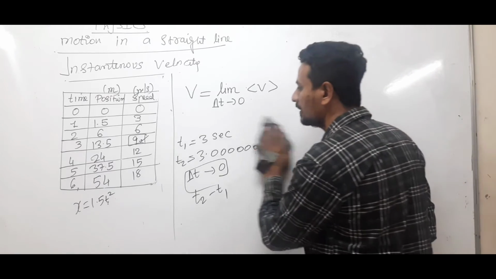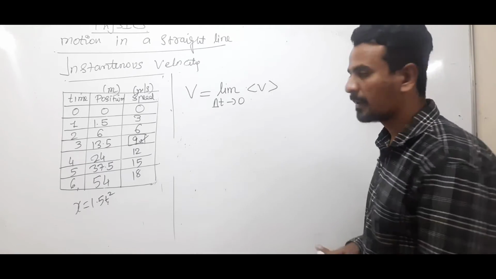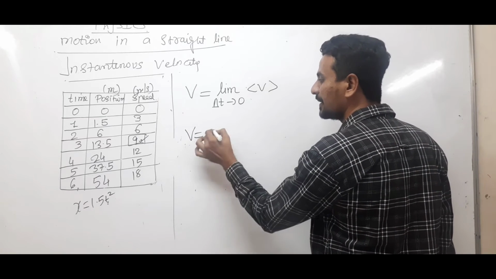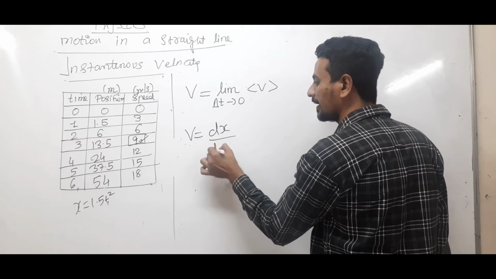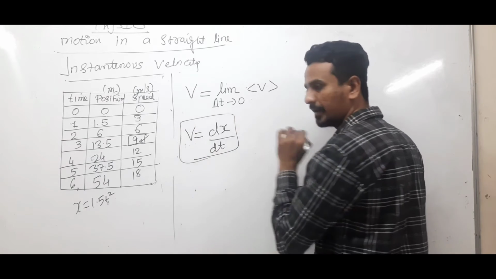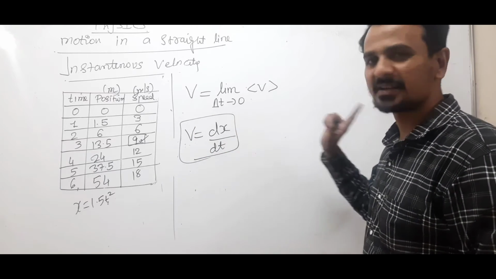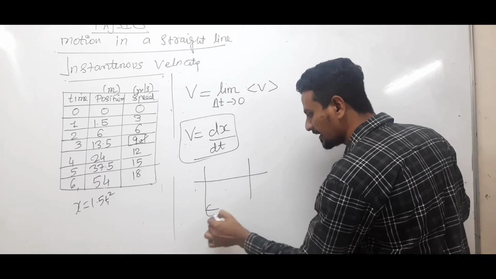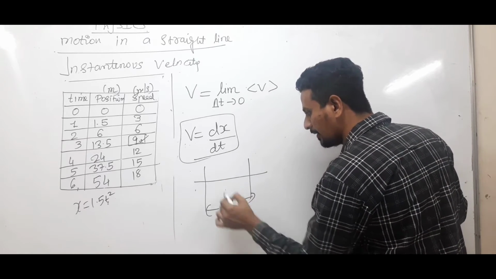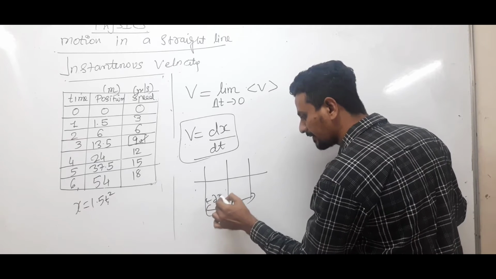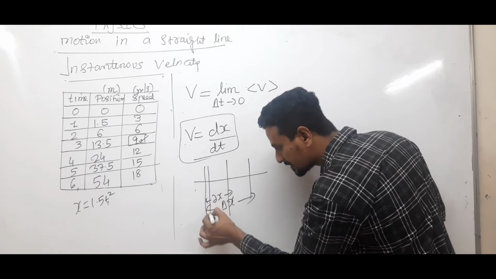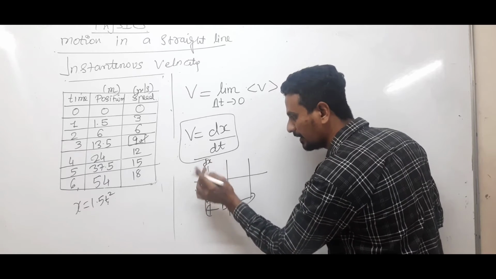So instantaneous velocity will be finally equal to delta x by delta t, now written as dx by dt. This is my instantaneous velocity. See, this portion is known as delta x. This is just for your knowledge. And this smallest portion is known as dx.